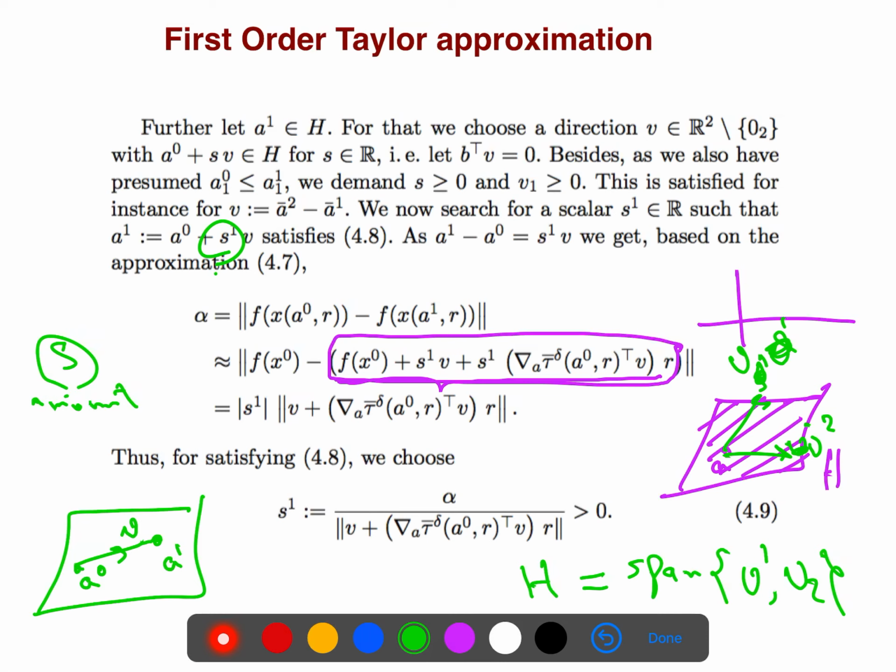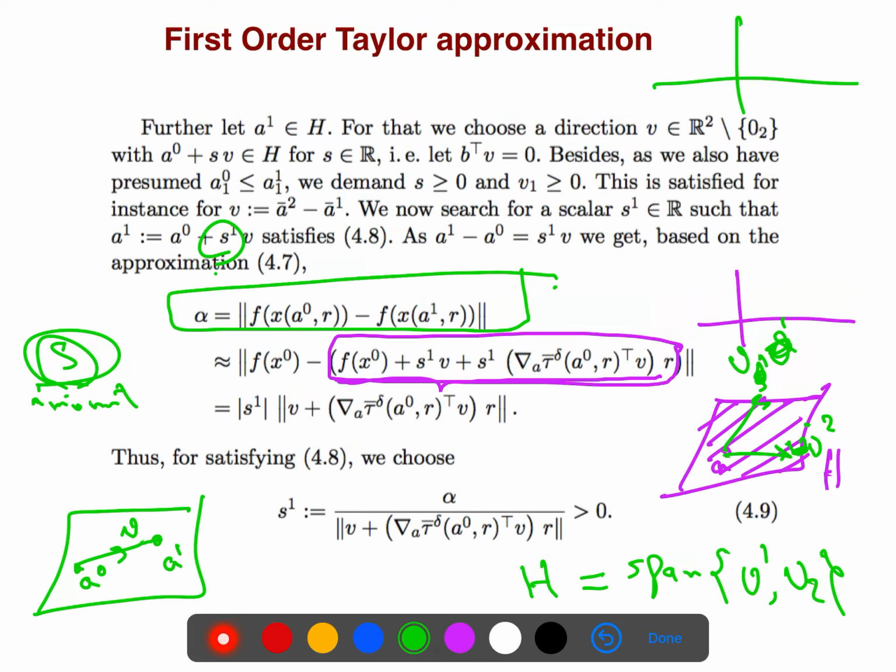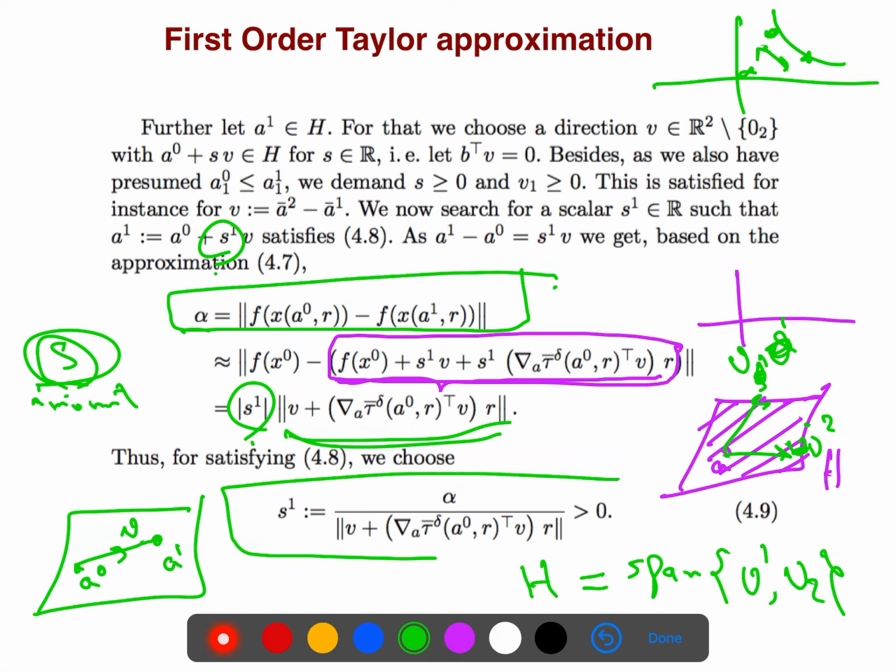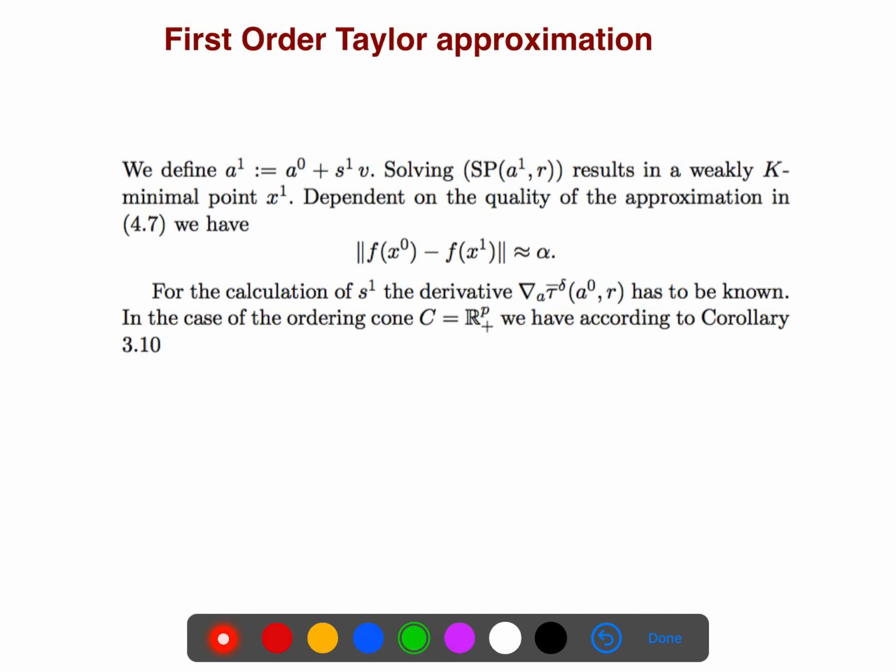We want to find that S, such that the norm of the difference between the points on the efficient frontier becomes alpha. If we solve this, S1 is just alpha divided by this norm, because this is just a scalar. So it's a very explicit formula.